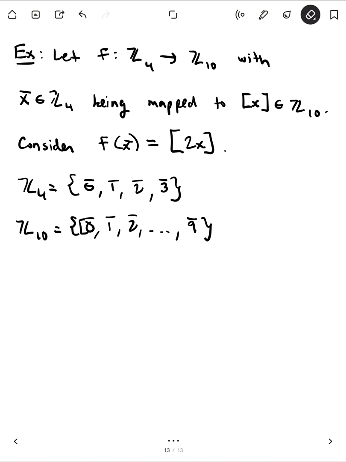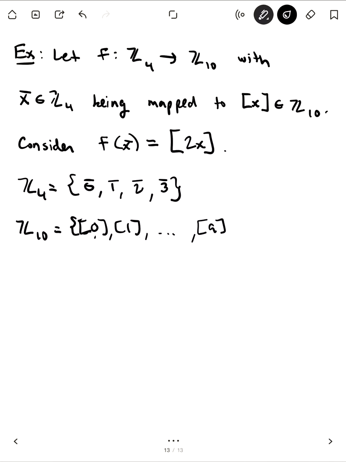Sorry, I messed up some notation here. So 0, 1, up to 9. Okay, so under this mapping, the equivalence class of 0 in the integers mod 4 is mapped to the equivalence class of 0 in the integers mod 10.